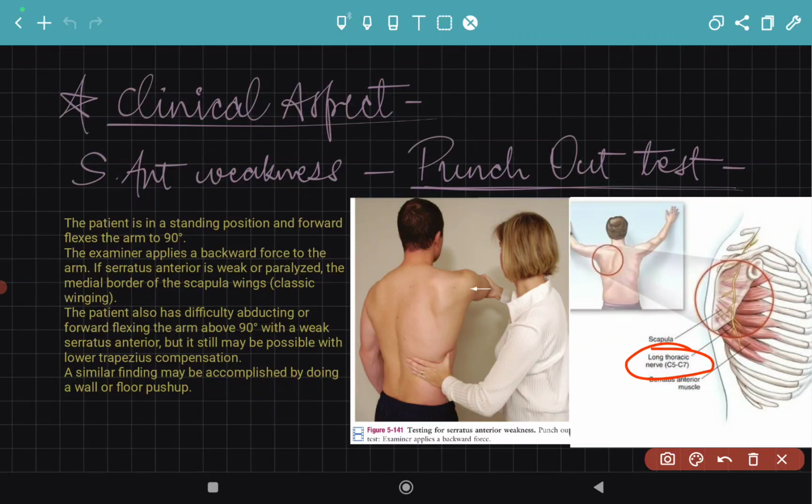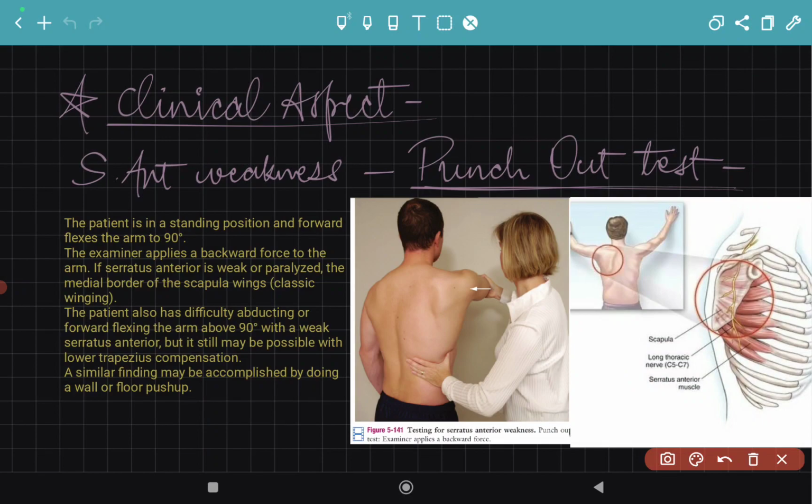Because of that, winging of the scapula may occur. In winging of the scapula, the medial border of the scapula becomes prominent when the individual is trying to do a pushing or punching movement, which is prominently scapular protraction.